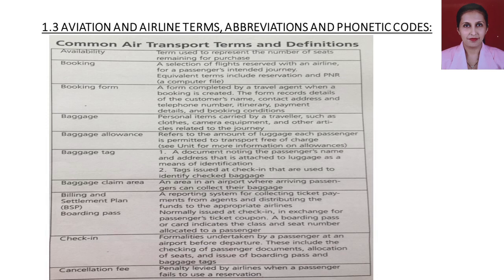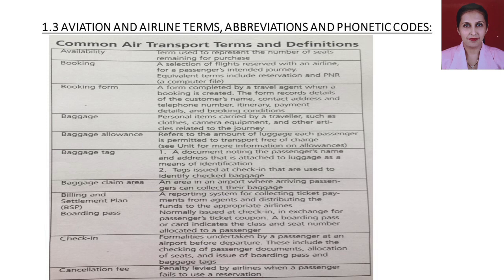A reporting system means it's software wherein you make a report for collecting ticket payments. So that report which is done in a system, it is done for what? It is done for collecting the ticket payments, meaning the money that is received after selling the tickets from agents.